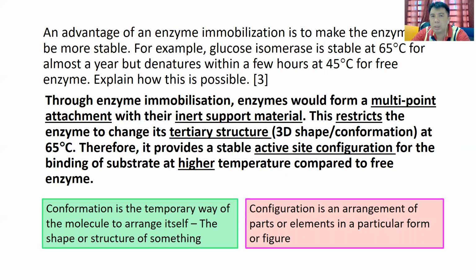This question is a bit long, but what they actually want is, why is the immobilized glucose isomerase stable at 65 degrees Celsius for a year, but the free enzyme denatures within a few hours at 45 degrees Celsius? So they ask you to explain.